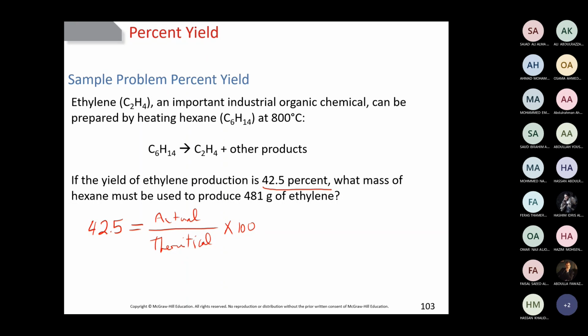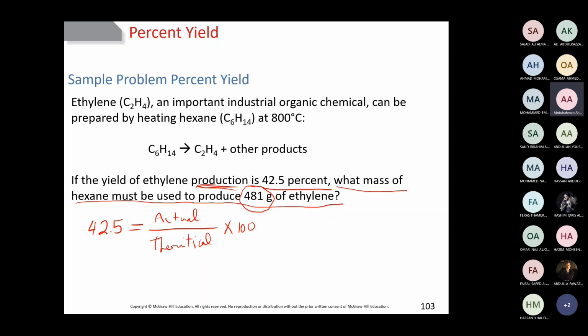The mass used. You read this one. So what's this 481? The theoretical. No. The mass for the ethylene. Yeah, but is this theoretical or actual? Actual, yes. Because I want to produce, this means I want to make it in the lab.